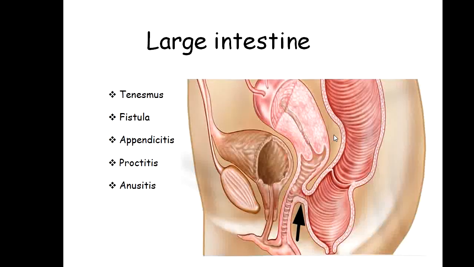The next one is tenesmus. Tenesmus is a condition of abnormality, for example, you can see in the diagram. This diagram represents the large intestine, and this area represents the rectum.